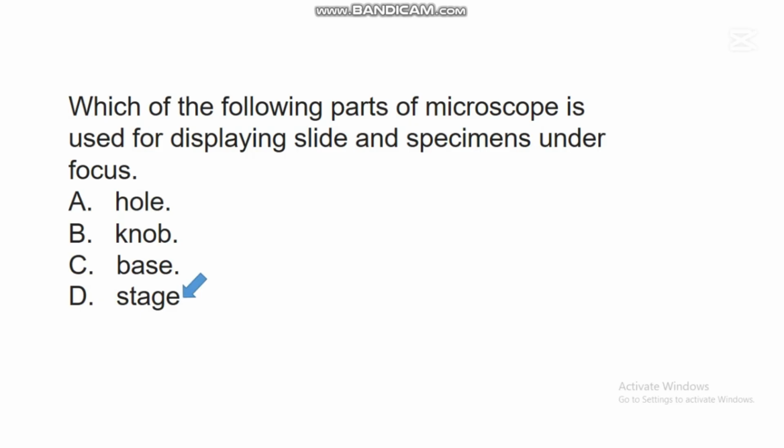It is very important for a researcher or a scientist to know different parts of a microscope, because a good knowledge of different parts of a microscope will help that person to use the microscope very well.